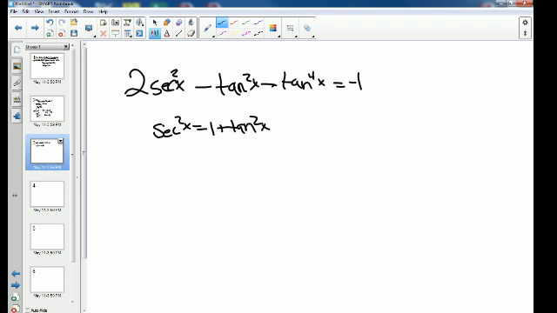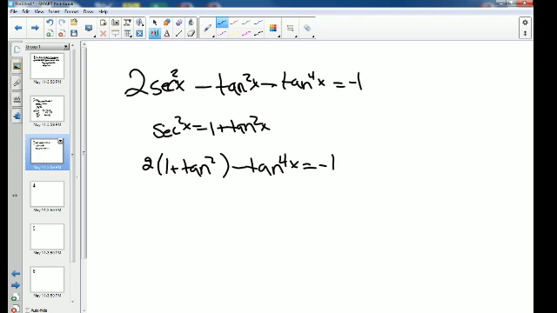So since we have a tan squared and a negative 1, this is going to be 2 times 1 plus tan squared x, minus tan to the fourth x, equaling negative 1.